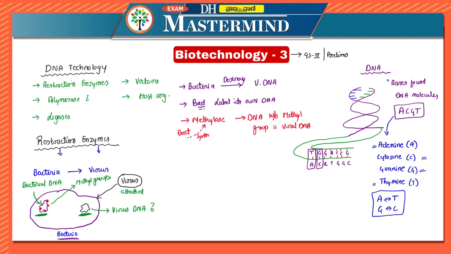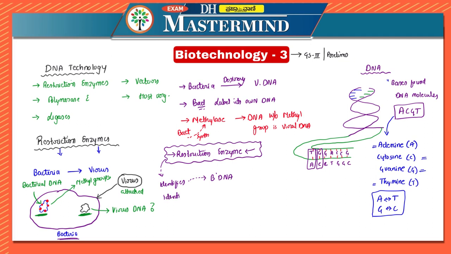Now there is something called a restriction enzyme. Within this bacteria, this restriction enzyme identifies the bacterial DNA and it identifies the viral DNA.